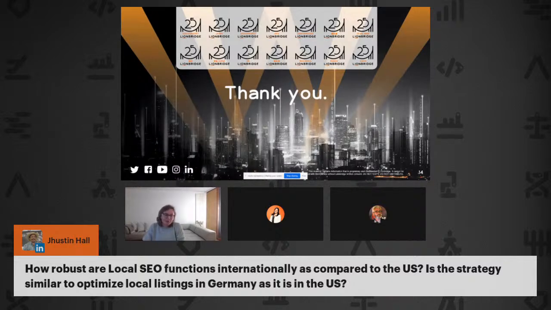Well, I can start with that, as I spend a lot of time in non-English. What I see in the tools is they tend to be English centric.